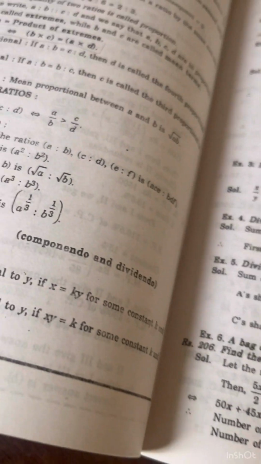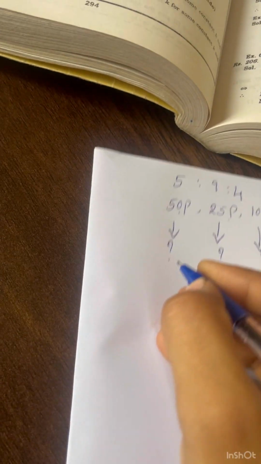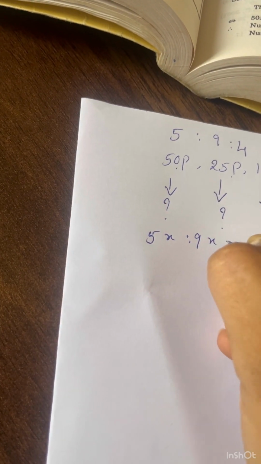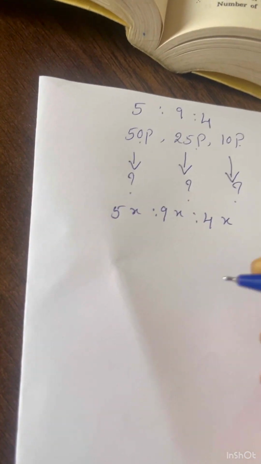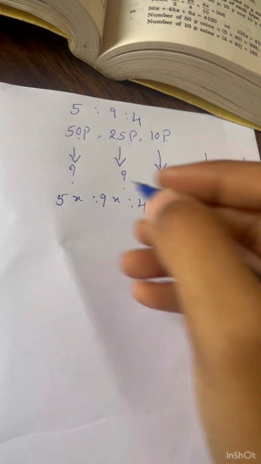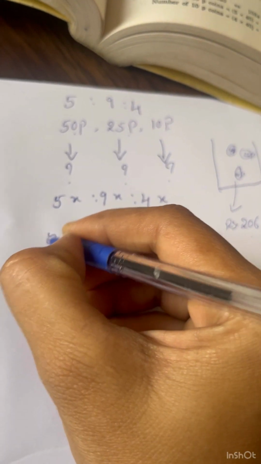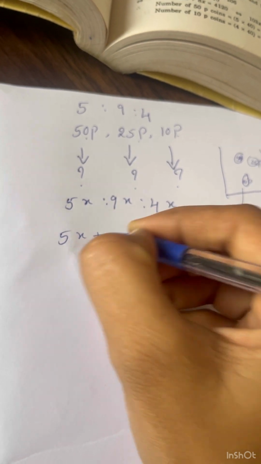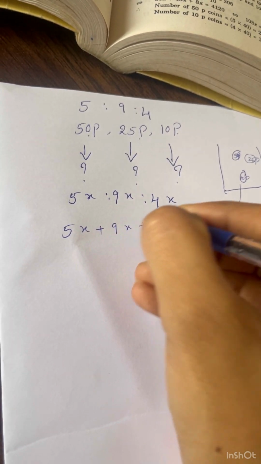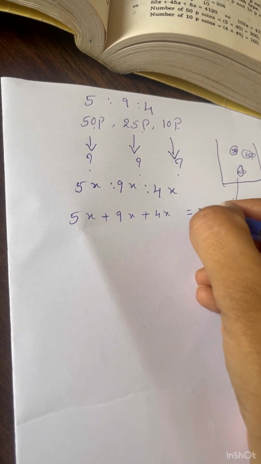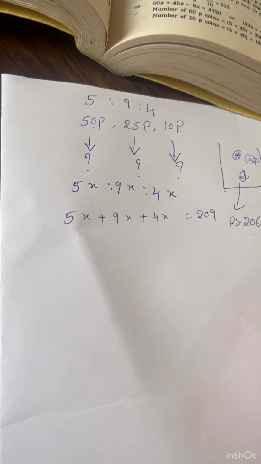So let us assume there are 5x coins, 9x coins and 4x coins. The sum of these coins, 5x plus 9x plus 4x, is equal to the sum given, 209 rupees.